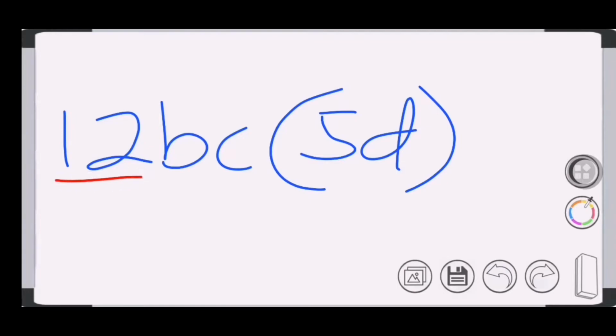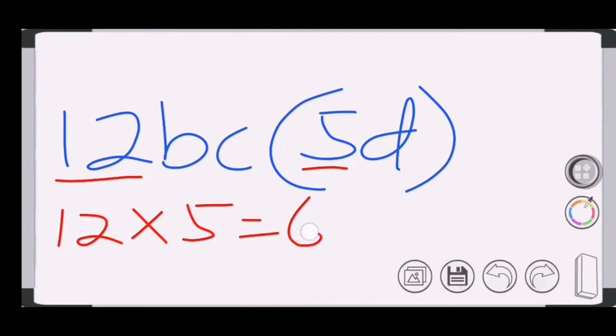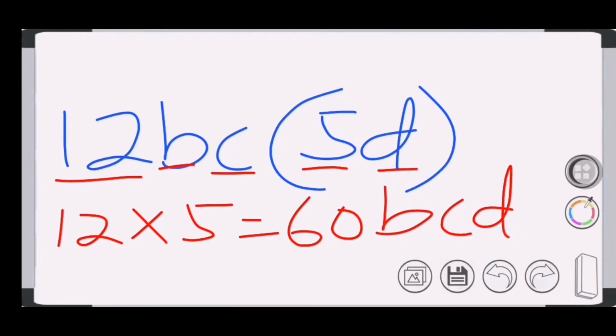So the same way, let us deal with our coefficient. So this is 12 times 5. And 12 times 5 will give us 60. Then our letters b times c times d will be put together as b, c, and d. So our answer is 60bcd.